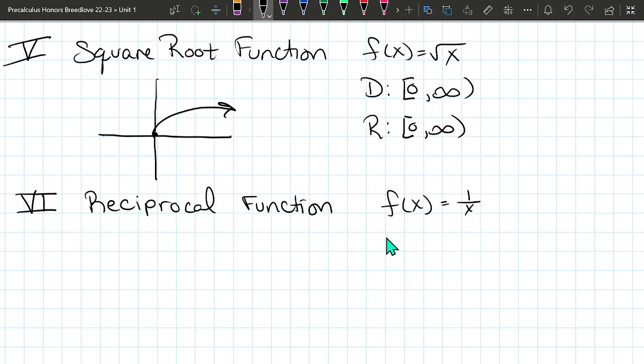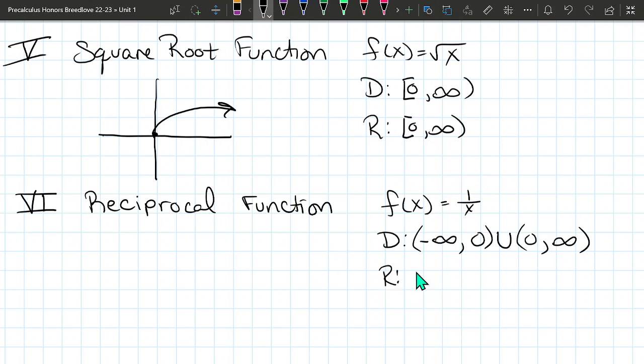And for this the domain is going to be from negative infinity to 0, but not including 0, in union with 0, not included, to infinity, because of the vertical asymptote at 0.